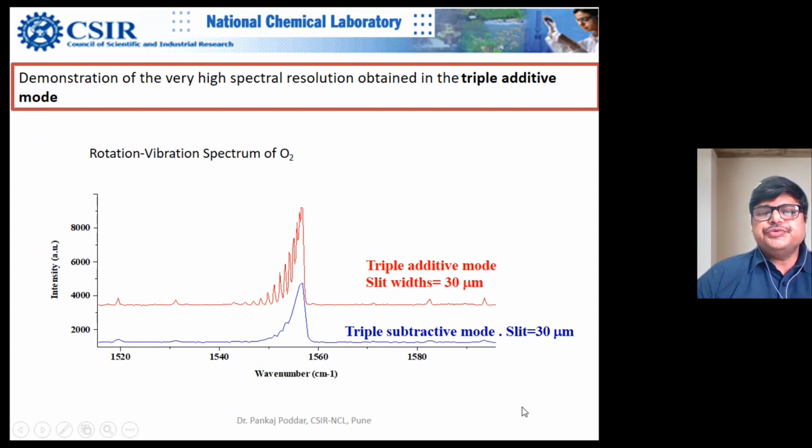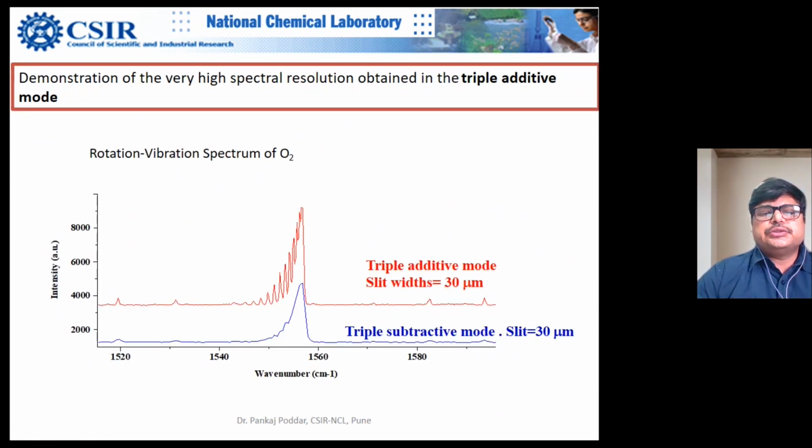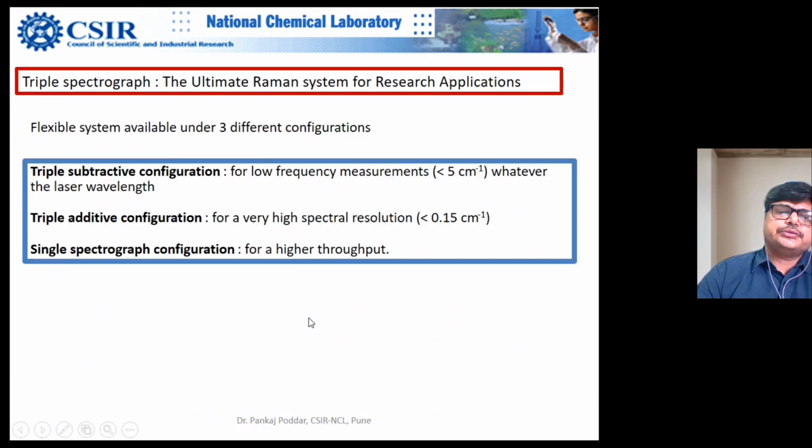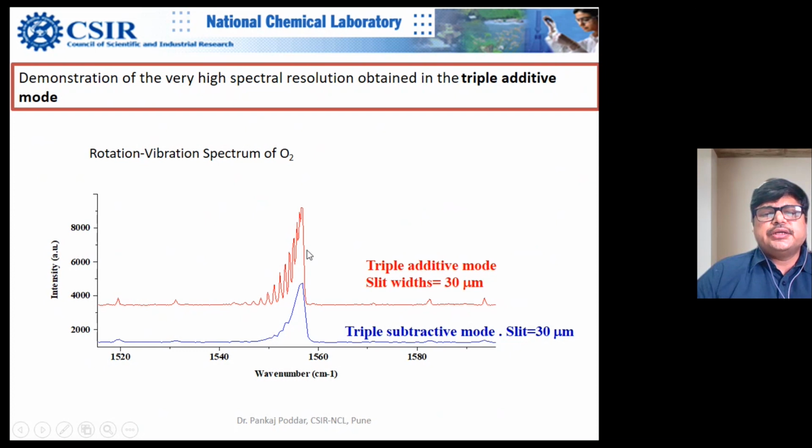But if you take additive mode, you have additional advantage. If you take triple subtractive mode, you can record to the lower wave numbers, but the resolution is not very good. Resolution is the same as the normal single spectrograph Raman. But here, if you take the additive one, you can see immediately, with the same system, so many new peaks actually come.